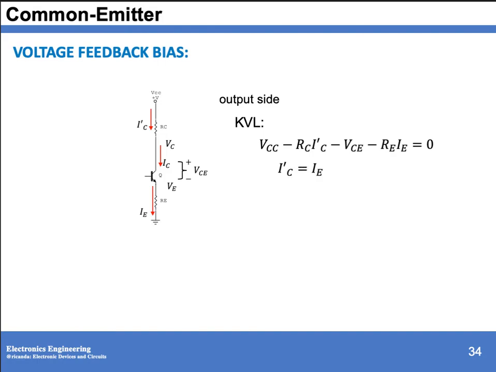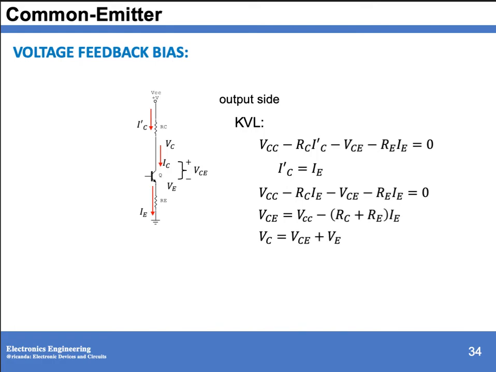And we know already that IC prime equals IE. Then both IE and IC are known already, but in this equation we have only IE, so therefore we can solve for your VCE. And also, solving for your VC, that is equivalent to your VCE plus VE, or the voltage at your emitter.